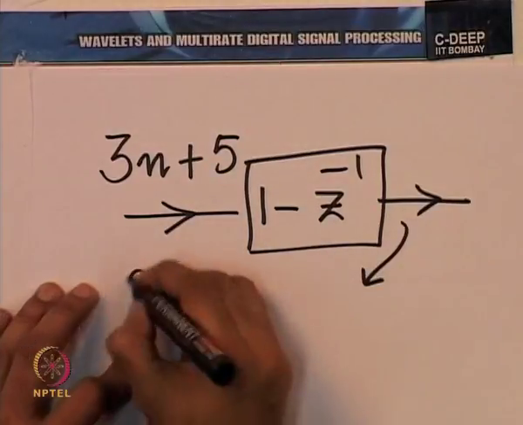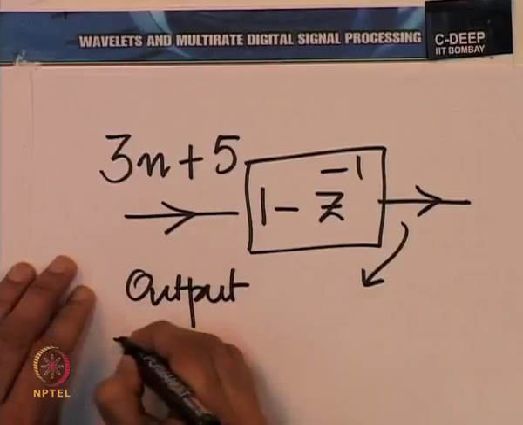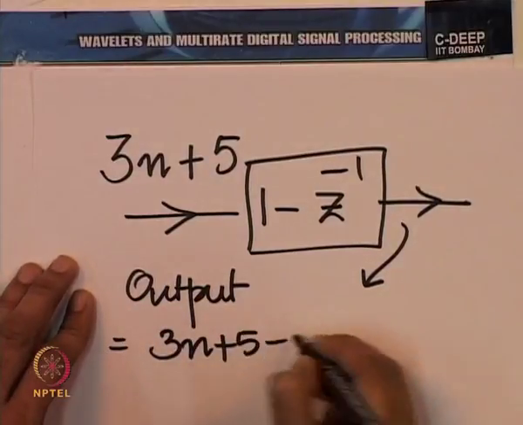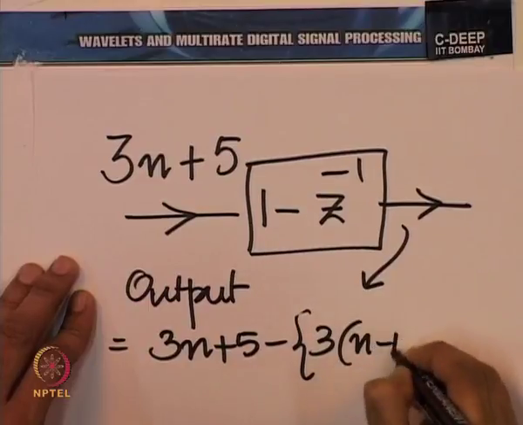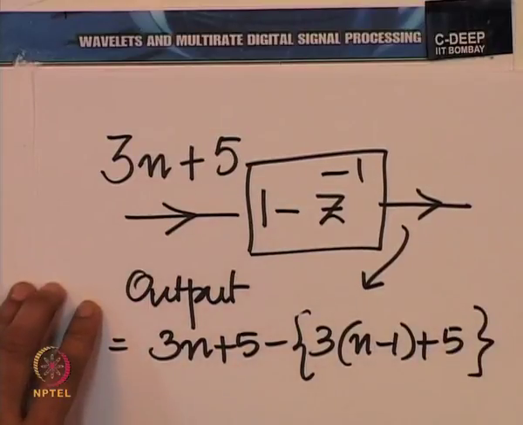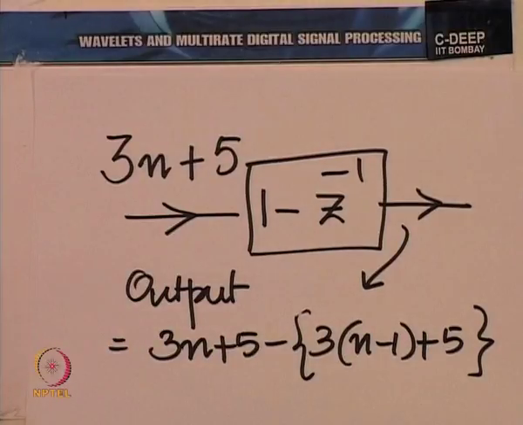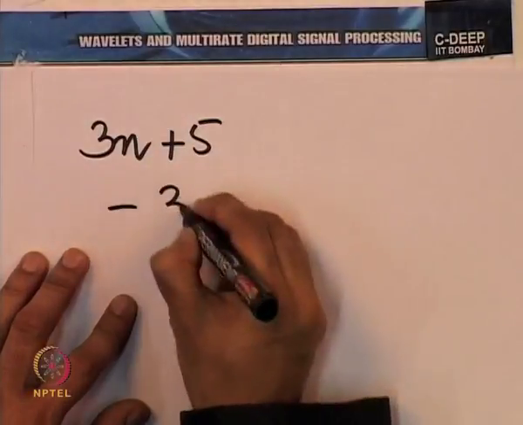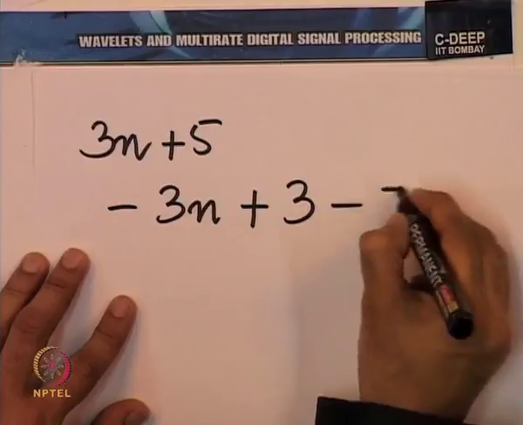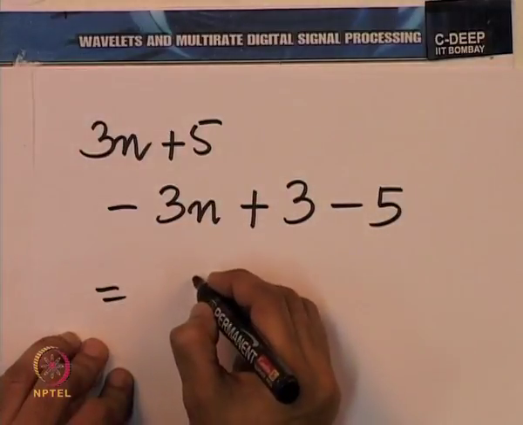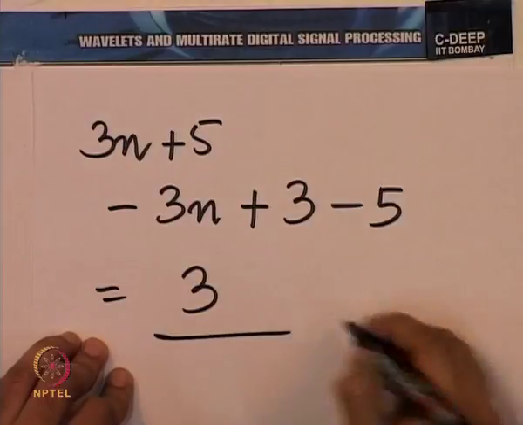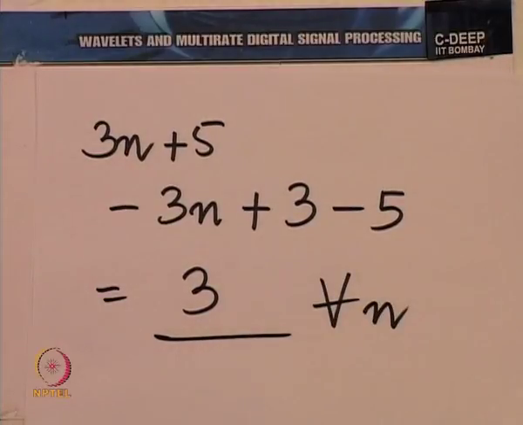What emerges here is essentially 3 n plus 5 minus 3 n minus 1 plus 5. And that is easy to evaluate. It is essentially 3 n plus 5 minus 3 n plus 3 minus 5, and that is just 3 for all n. So, you brought the degree of the polynomial down by 1. You had a degree 1 polynomial, now you have a degree 0 polynomial.